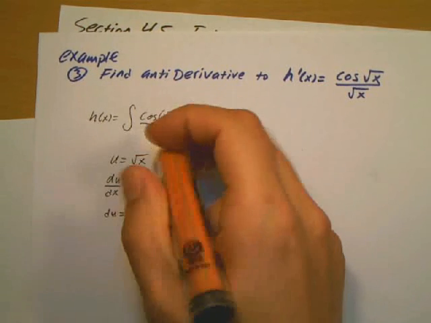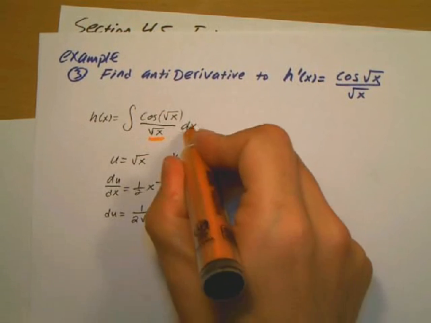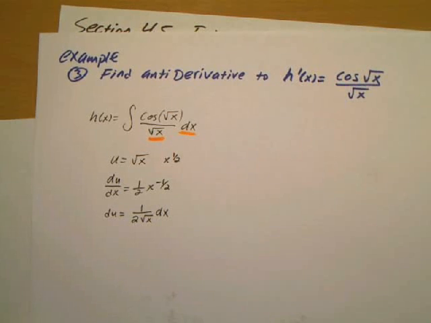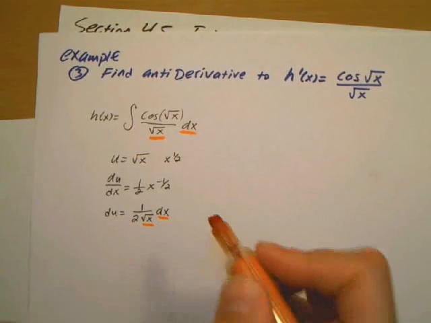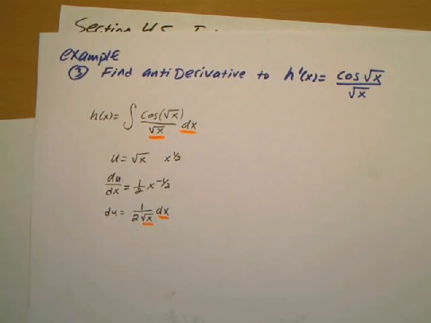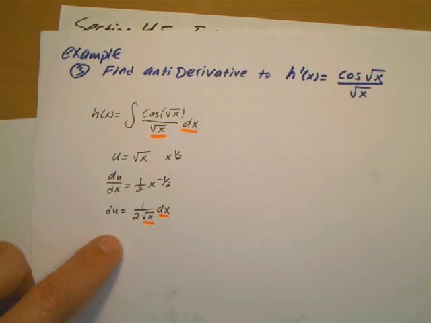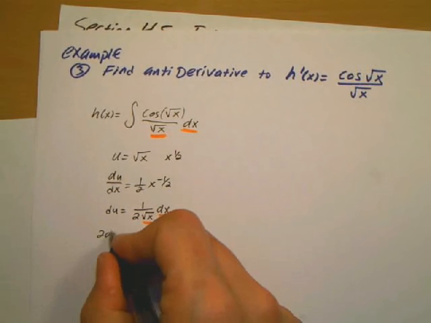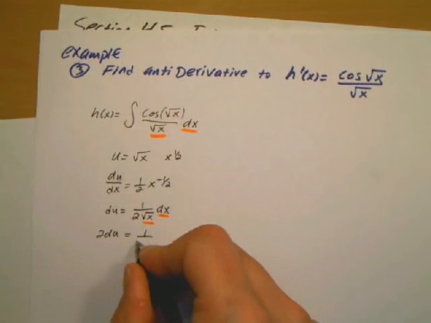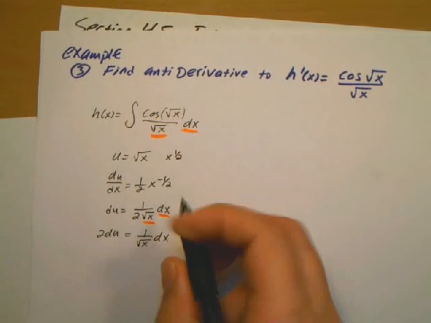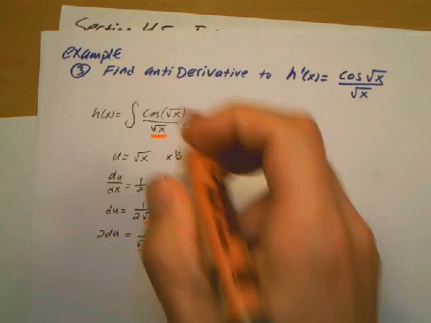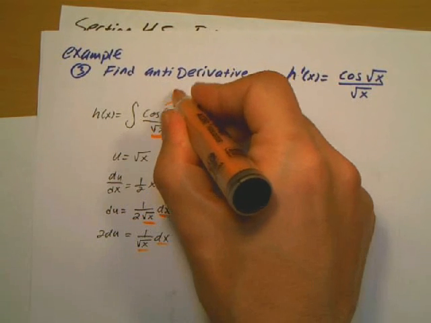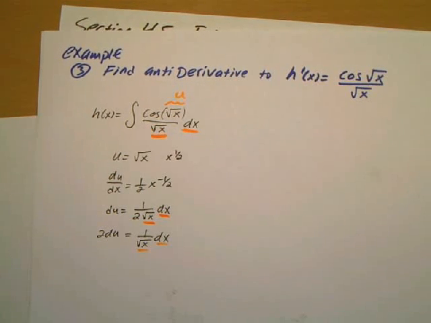And notice I have square root of x in the denominator, dx next to it, and square root of x in the denominator, dx next to it. So I can replace that with du as long as I multiply this 2 over. So 2 du is 1 over square root of x dx, which is what I have in here, and this is going to be replaced with u.